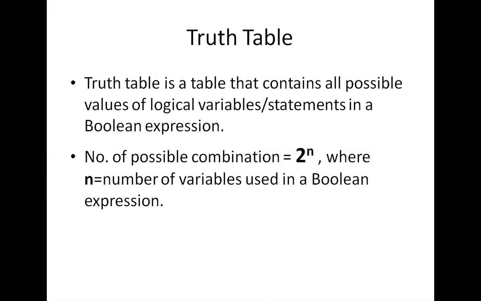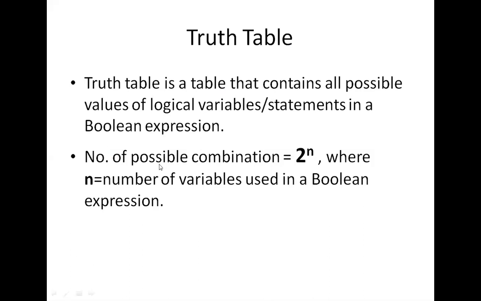For example, if there are two operators x and y, and we want to add them, x plus y, the possible combinations will be 0 0, 0 1, 1 0, 1 1, and after that we will OR it. That is called truth table.